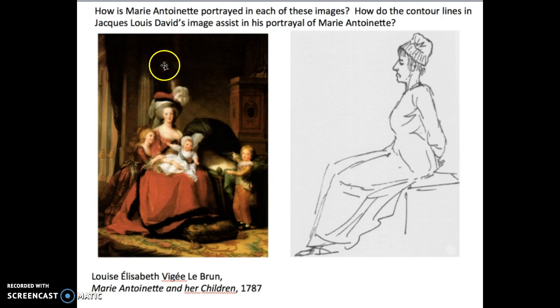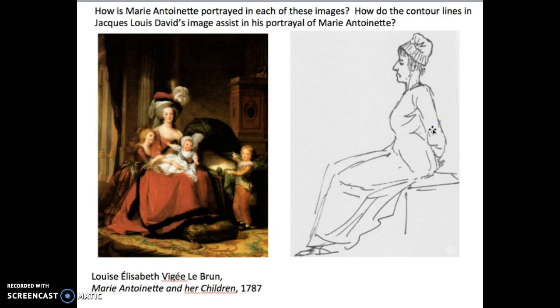So if we compare Jacques-Louis David's depiction of Marie Antoinette preparing herself to be beheaded with this depiction of Marie Antoinette, I talked about this painting in one of our first videos, or in the first video.